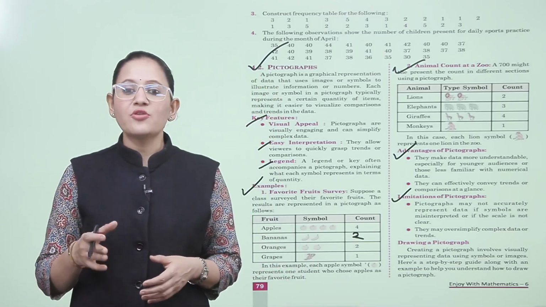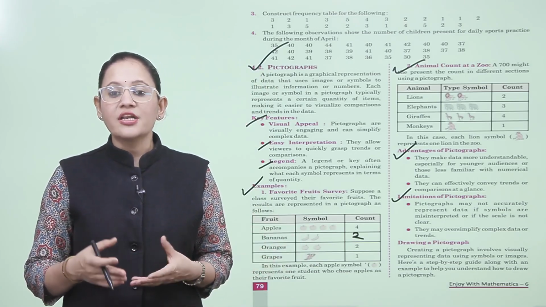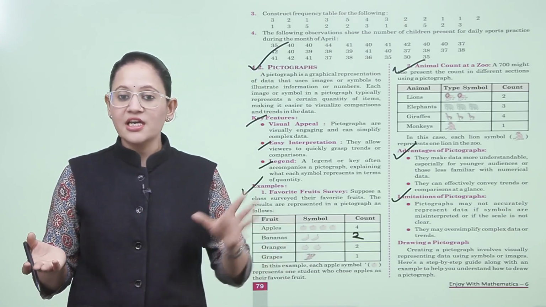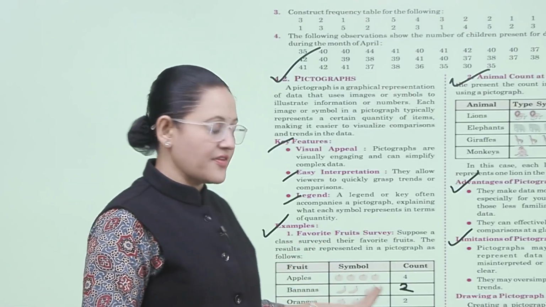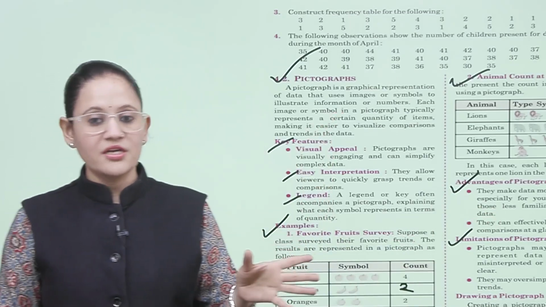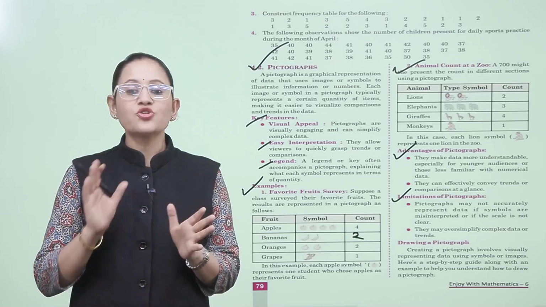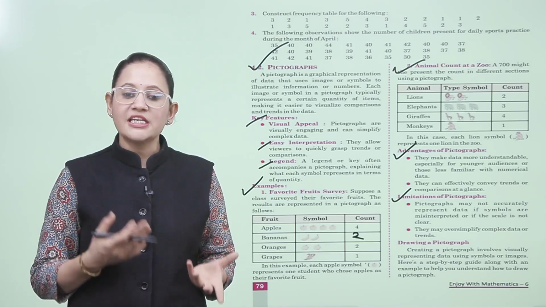A pictograph may not accurately represent data if the symbols are misprinted or if the scale is not clear. Like here, in the above example, the scale is given: one picture of apple represents one student. Clear? So the scale should be clearly mentioned. They may oversimplify complex data or trends.